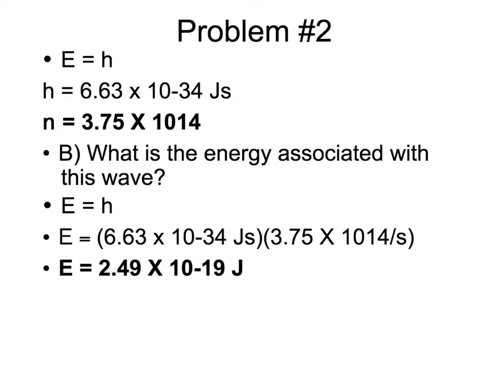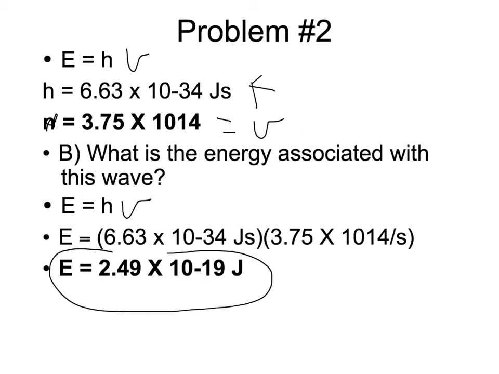To do the energy, because energy is Planck's constant times nu, Planck's constant is 6.63 times 10 to the negative 34, and our frequency is 3.75 times 10 to the 14th. We multiply those two together, and in appropriate significant digits, you're going to get an energy value of 2.49 times 10 to the negative 19 joules, because seconds are going to cancel out.